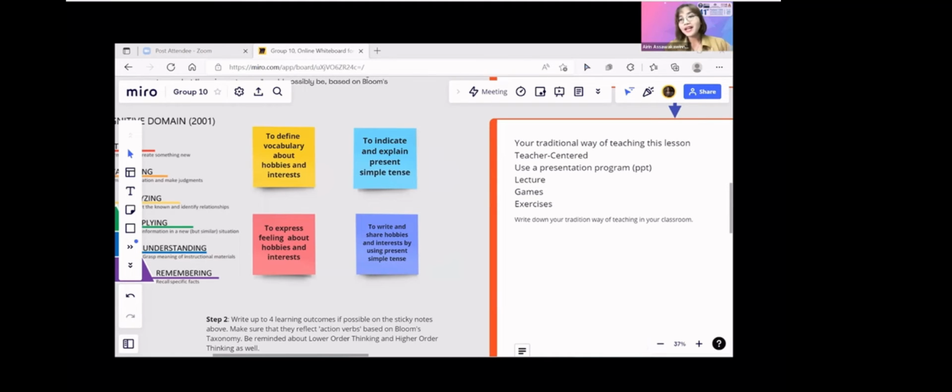Can you share with us what teaching tools or materials you have used to teach the present simple tense in your classroom? I will give you only 2 minutes and I will wait for the answers from everyone. Can everyone enter the link? Is there any problem?